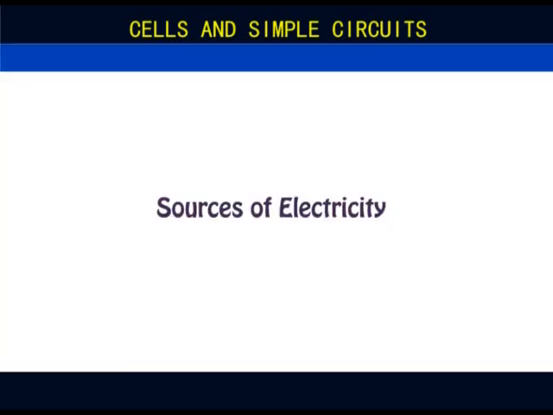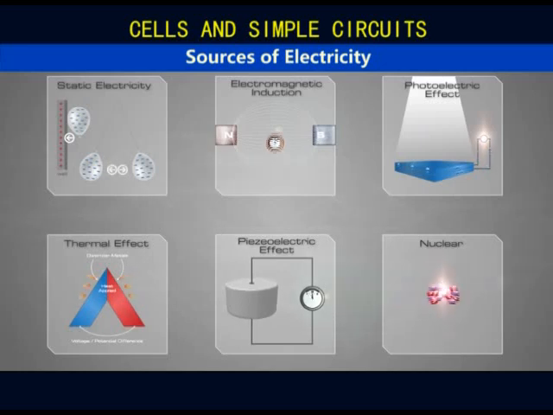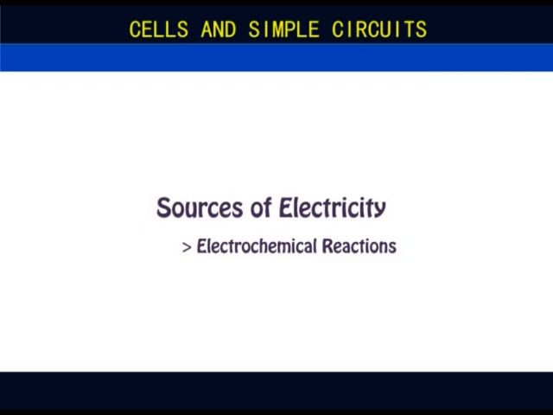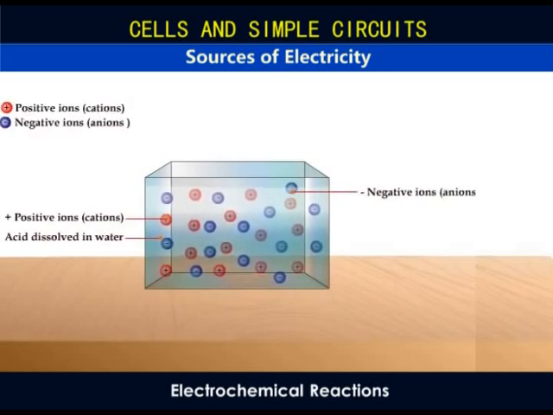Next, sources of electricity. Now, there are 7 fundamental forms of electricity generation. All create an EMF or electromotive force. One of the most commonly used forms of electricity generation is the electrochemical reaction. Substances such as acids dissolve in water to form charged particles called cations and anions.